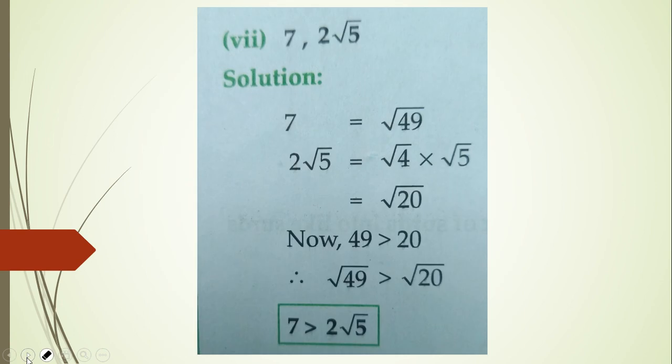Okay, and this was the next sum. 7 we are writing as root 49, and this 2 root 5. 7 is written inside the radical sign. And why have we chosen the root sign only? Because here the order is 2, so you should be taking square root only, not cube root or anything, so that it is easy for us to compare. Okay, then we have compared, we got 7 is greater than 2 root 5.